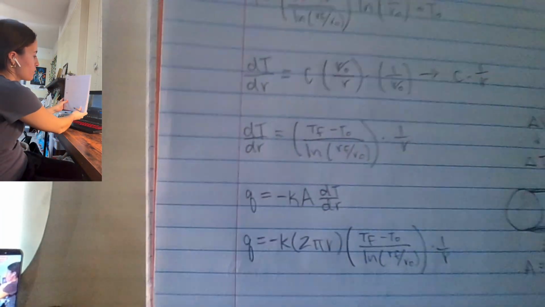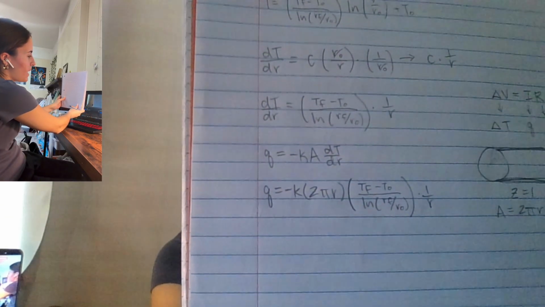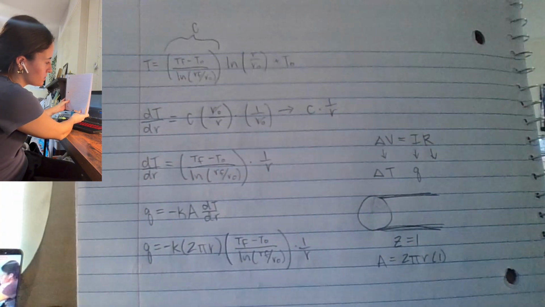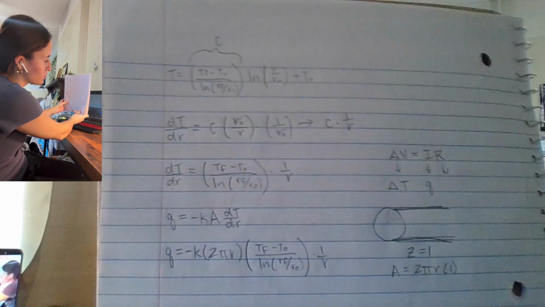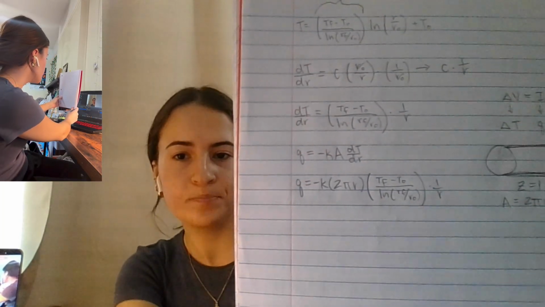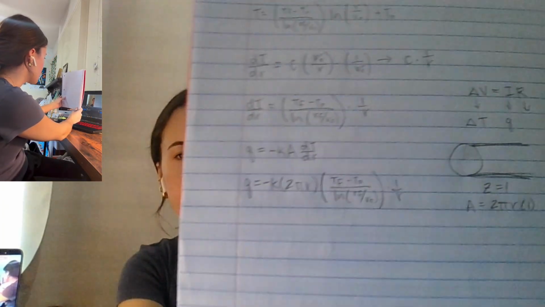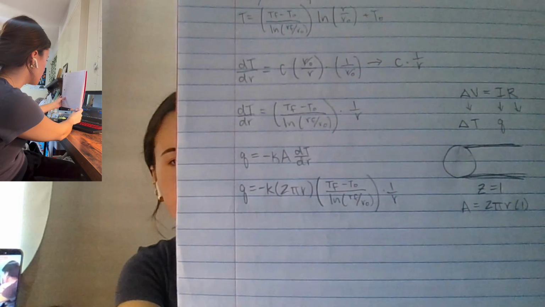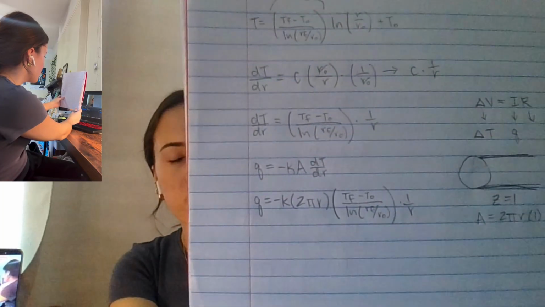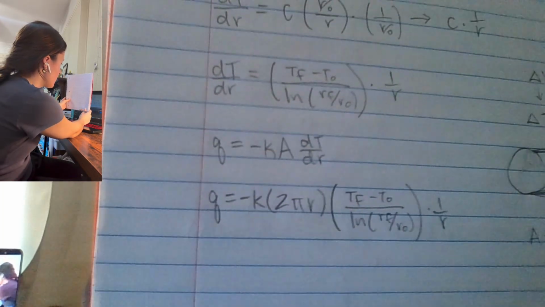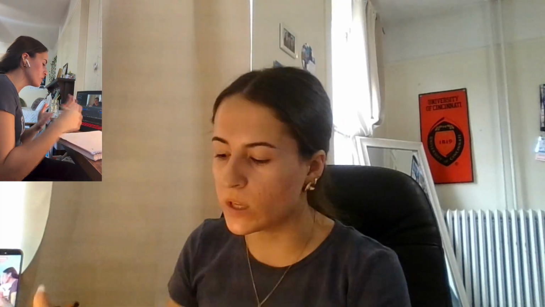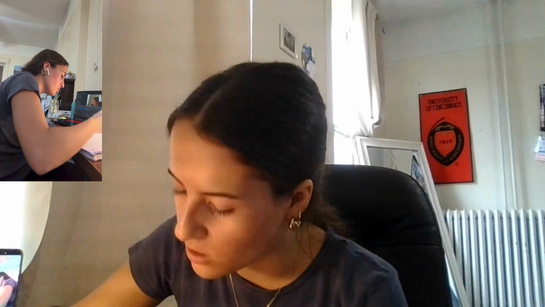So this is now what we have plugged back into our Fourier's law equation, and now we can rearrange it to get it into the delta T equals Q times whatever resistance that we want. So we can cancel out those r's right there, as you see, the 2 pi r and then the 1 over r. And then we can also make that Tf minus T naught turn into a delta T, so we get it in the format that we're used to looking at.